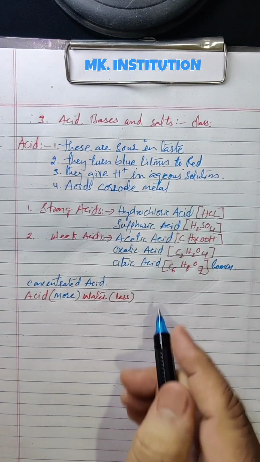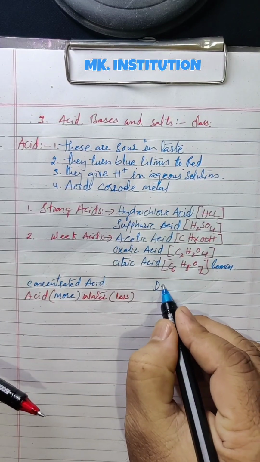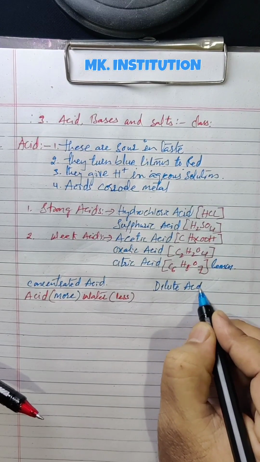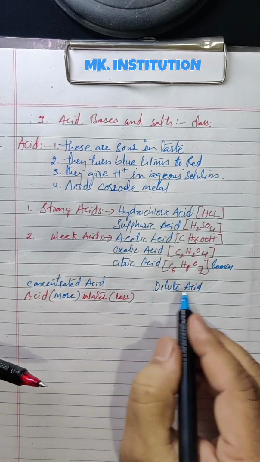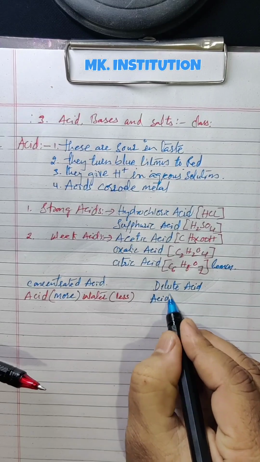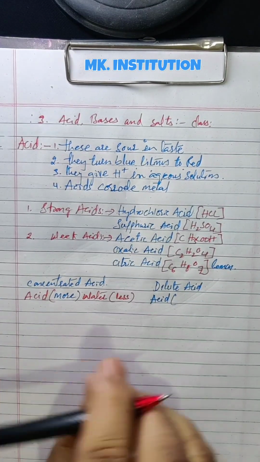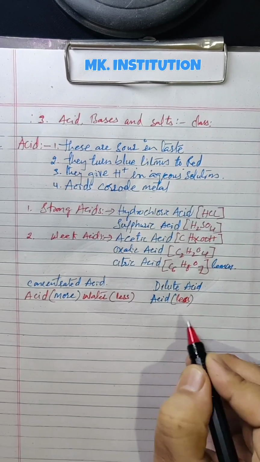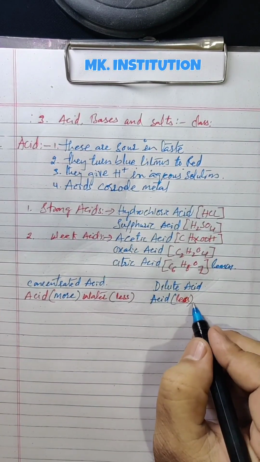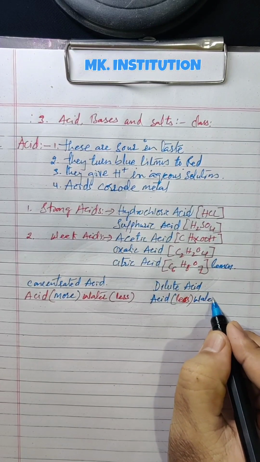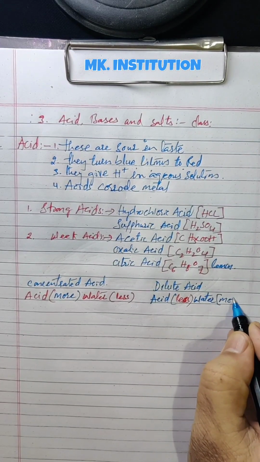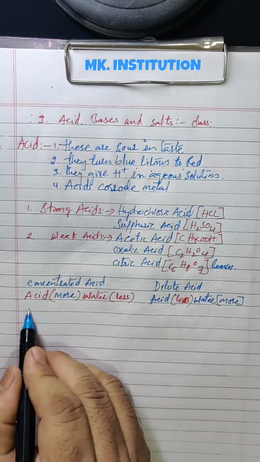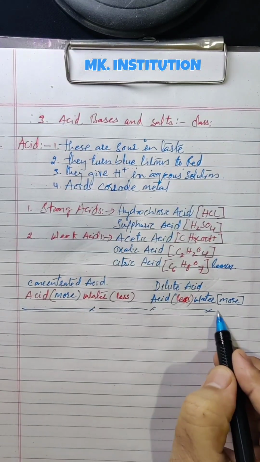Next is dilute acid. In this, the quantity of acid will be less, whereas water will be in more quantity. So it is called dilute acid. Clear? This is a small topic about acid.